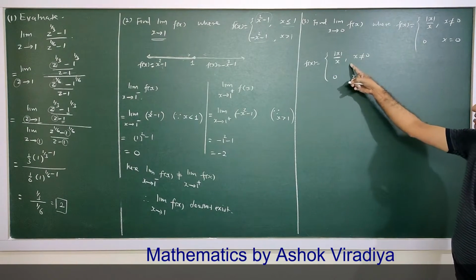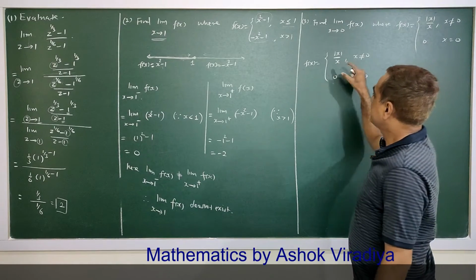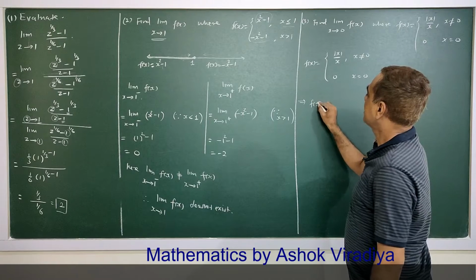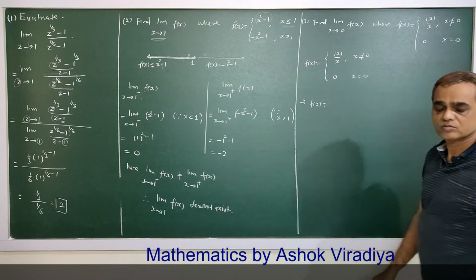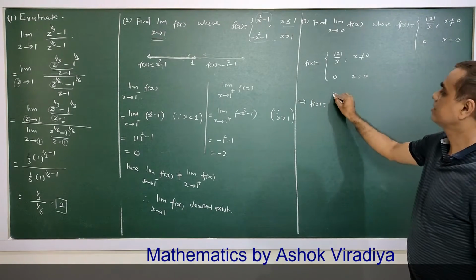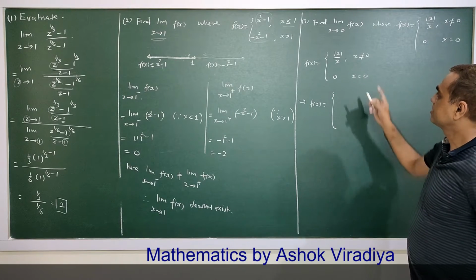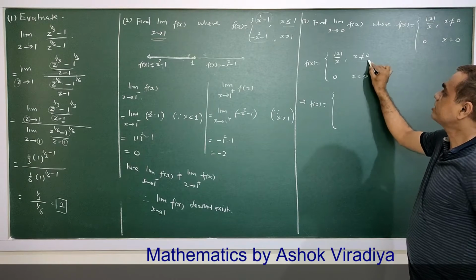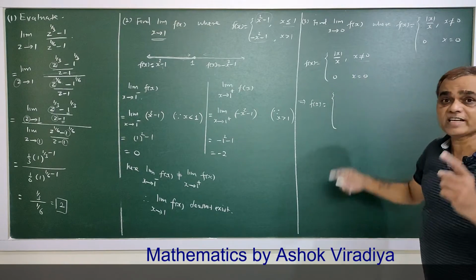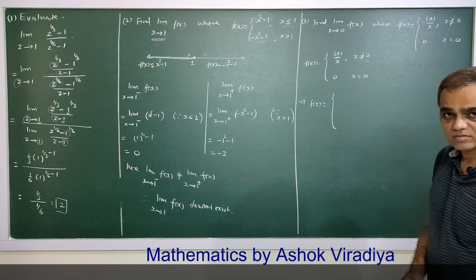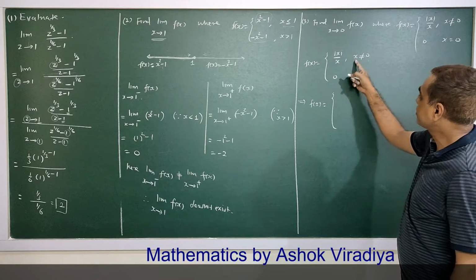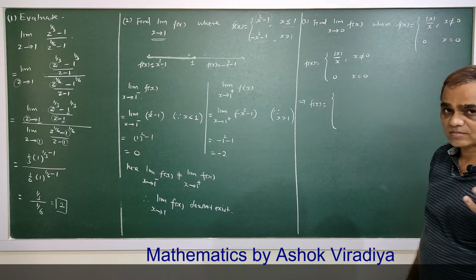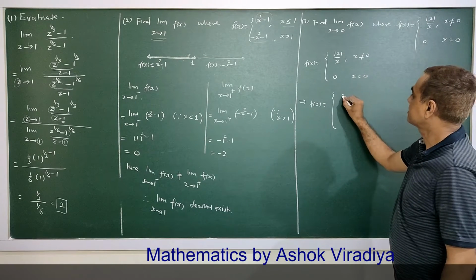Now here, again I am expanding this form. That means f(x) equals, when x is non-zero, x can be positive or it can be negative. So if x is more than 0, then modulus x is x.